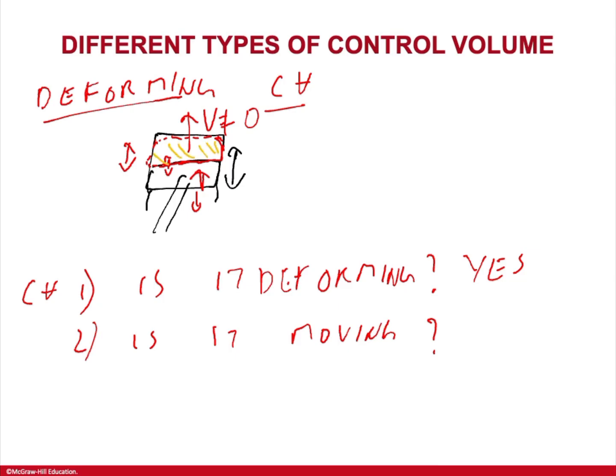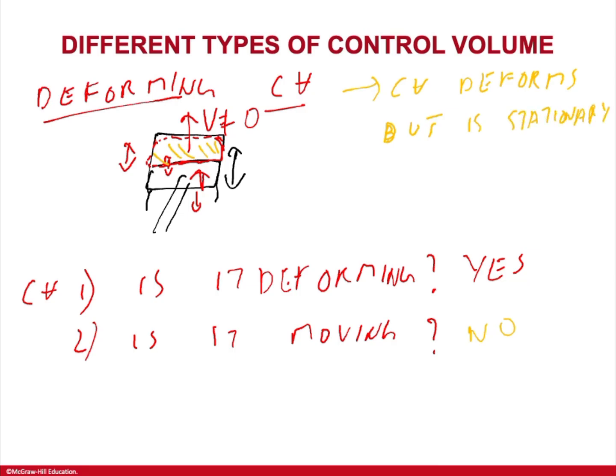So hence it is not moving. So for a deforming control volume, essentially the control volume deforms but is stationary or not moving.